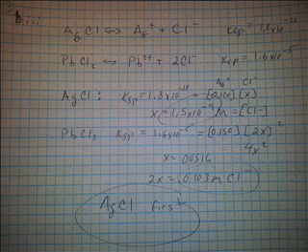Now, the trick though is in the lead chloride, remember that it's not concentration of lead times concentration of chloride. It's concentration of lead times concentration of chloride squared, right? We have to have that 2 on there. And remember that for each lead ion we need 2 chloride ions, so it's squared and it's 2x.